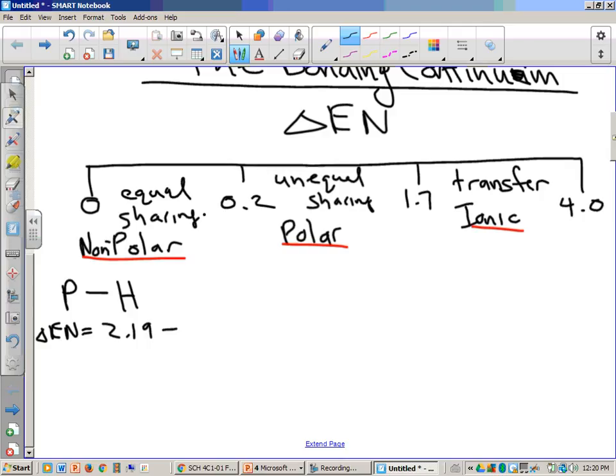Yep, 2.2. Now we need calculators or perhaps phones, which I don't like you using as a calculator. But anyway, could somebody do that calculation for me?